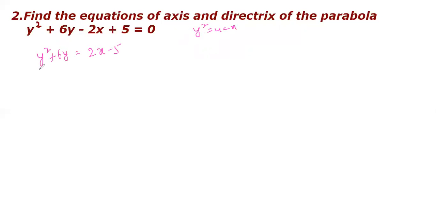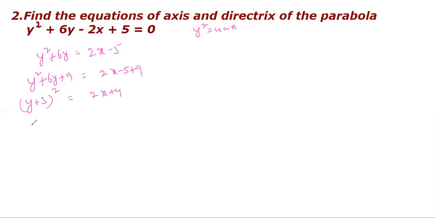Now here we have to make it a complete square. So here y squared plus 6y plus 9, you will get (y plus 3) whole squared. When I add 9 on the left side, on the right side also we have to add 9, adding 9 on both sides. Now it can be written as (y plus 3) whole squared equals 2x plus 4.